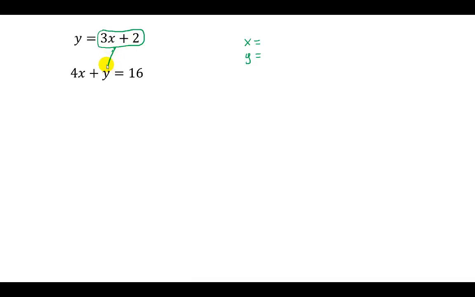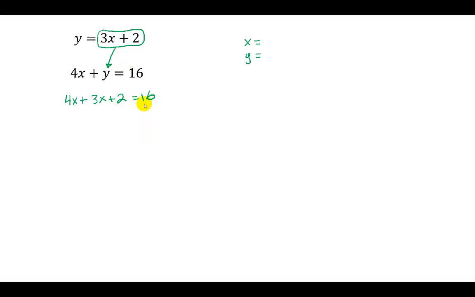So this is going to go right in there. I'm now going to rewrite the second equation with only x variables. 4x plus, in place of y, it's 3x plus 2 equals 16.